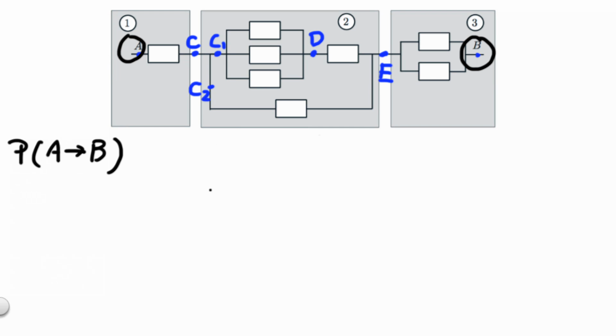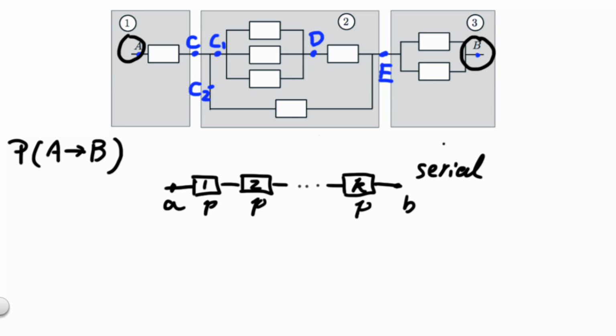Although the problem might seem a little complicated at the beginning, it turns out only two structures really matter. So let's look at each of them. In the first structure, which we call the serial structure, we have a collection of k components, each one having probability p of being good, connected one next to each other in a serial line.